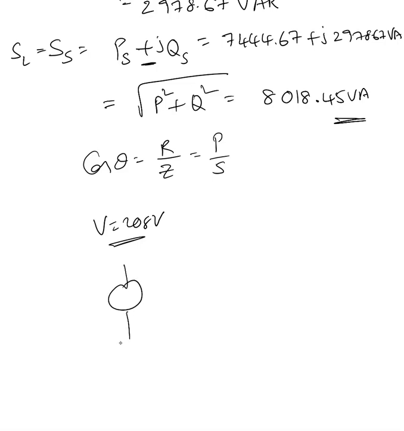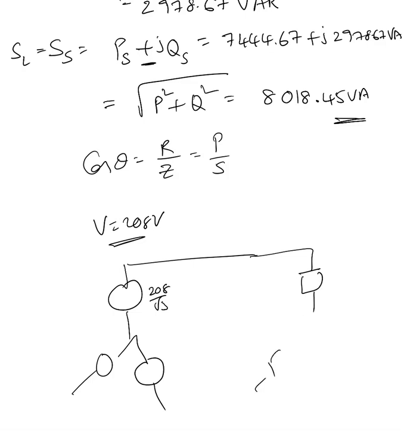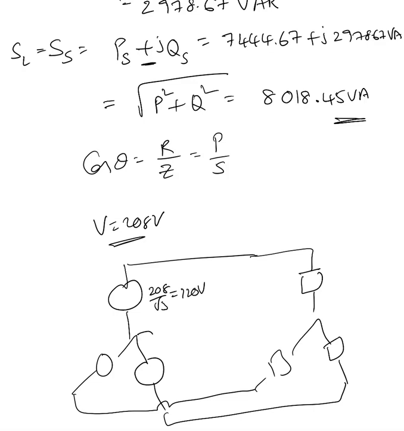So when I convert this into a YY connection, this value must be 208 over square root 3. Now I can connect a Y load here. If I have this, then we'll end up with everything the same as above.